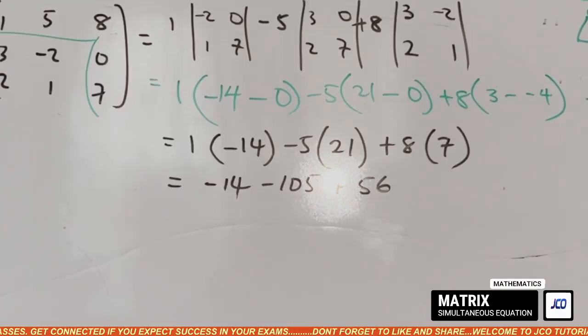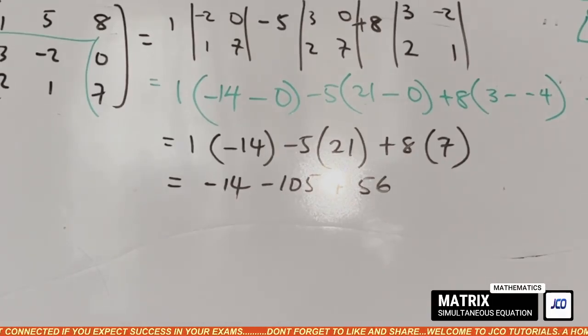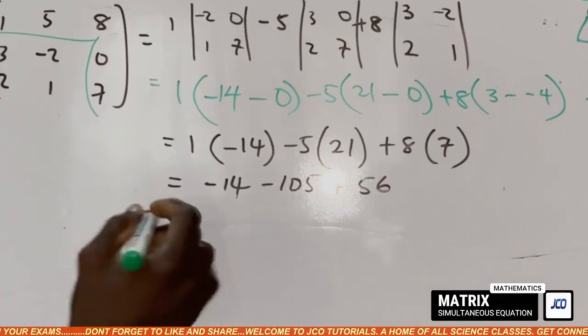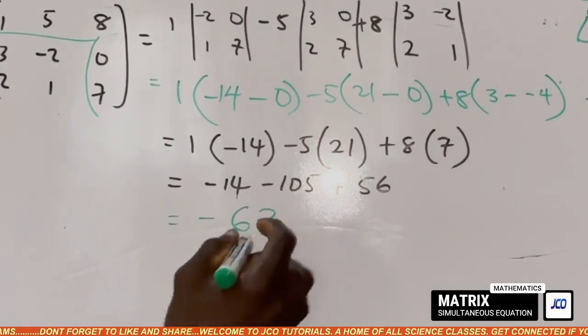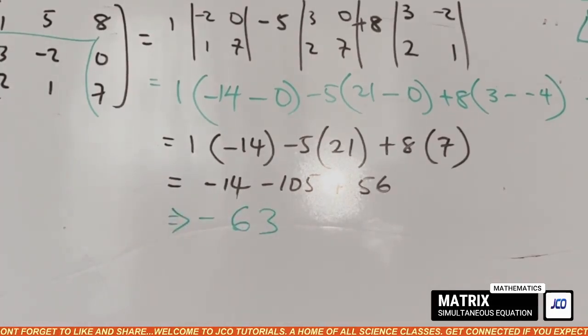So what we have now is minus 14, minus 105, and then plus 56. If you do that, we are going to have minus 63 as your answer.